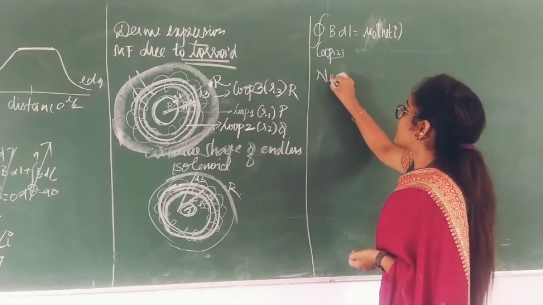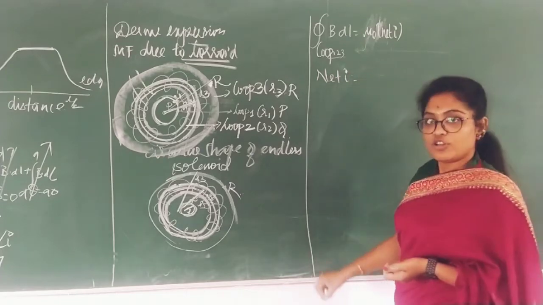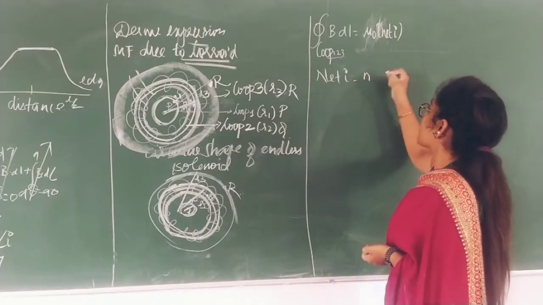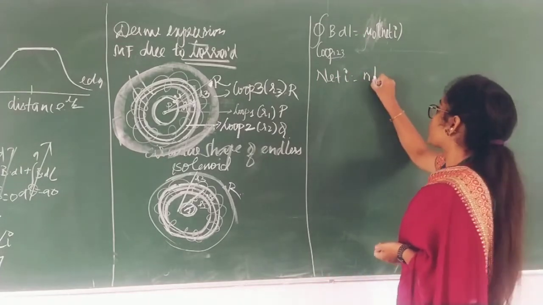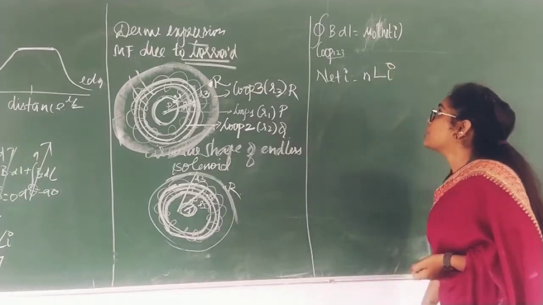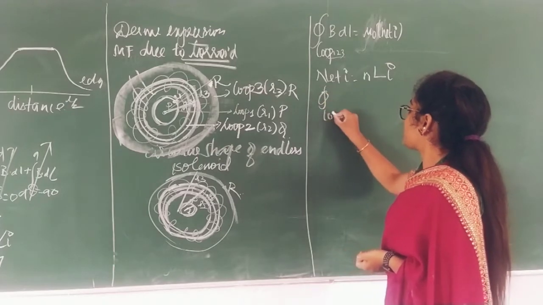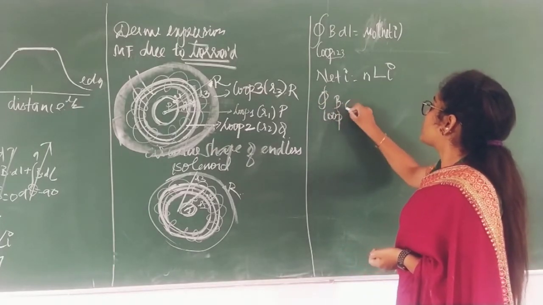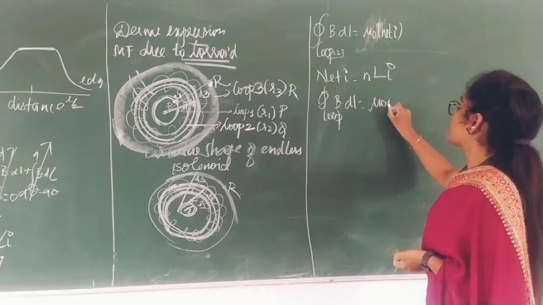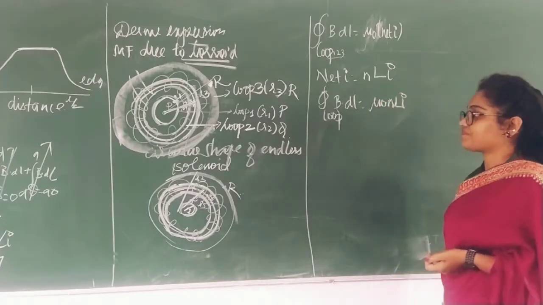How to consider the net current I? We all know that number of turns per unit length, n, into L gives N, and into I gives the net current. So I will write the integration over the complete loop of B dot dl equals mu naught N I.